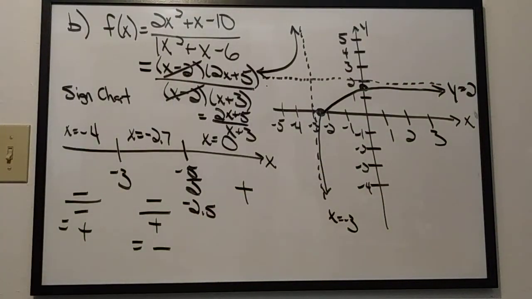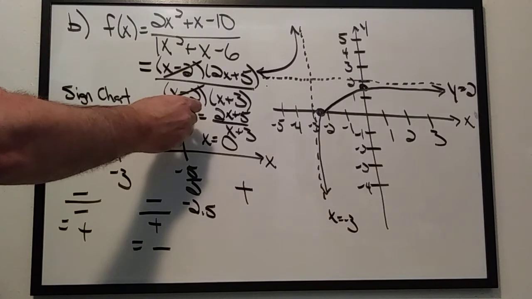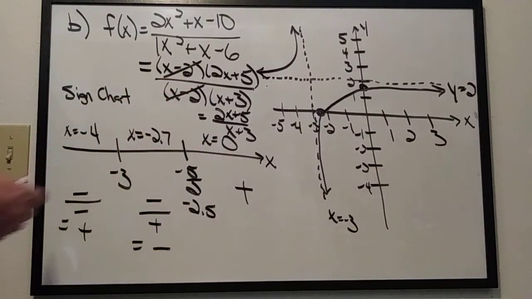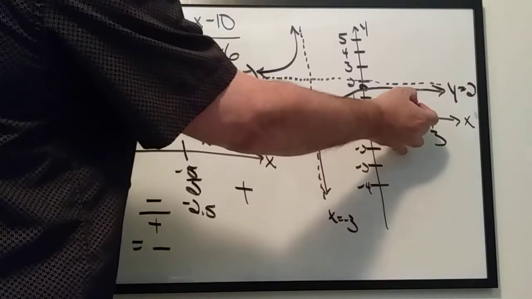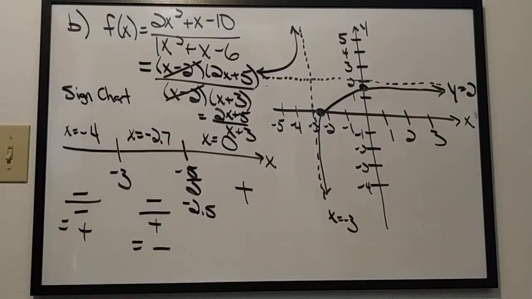Now, as you look at this graph, it's tempting to say that we are done with this problem. However, there is one last piece that we need to talk about. It goes back to the idea of domain. Remember that the domain was calculated before we did the cancellation. One of the x values that we couldn't use on this problem was an x value of 2. But if you look at our graph, here's the x value of 2, and here's a point on that graph associated with that x value of 2.